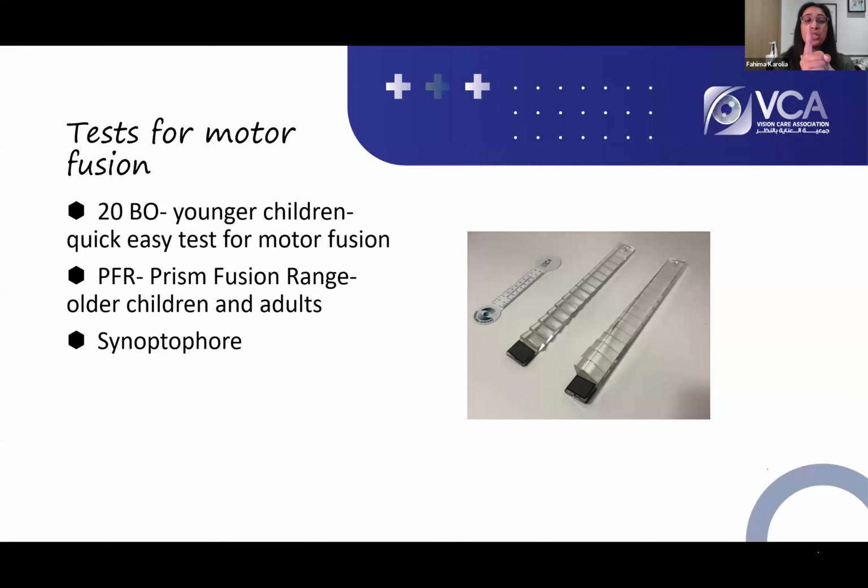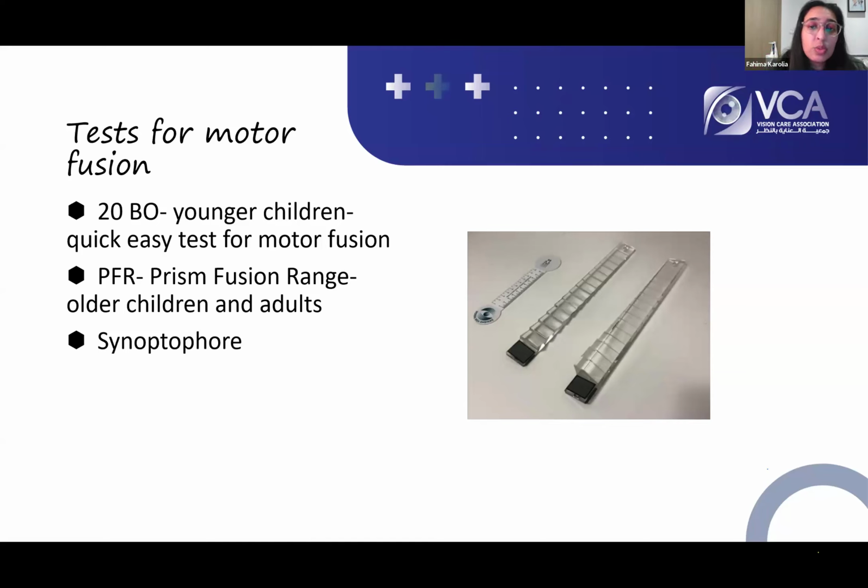With motor fusion, what we're going to do is move some prisms in front of the eyes, and we're going to move the image and see if the other eye can keep up. So for younger children, a very easy test is we just get a single loose prism, a 20 diopter base out prism, and we put it in front of one eye, and we see if the other eye shifts and then comes back into play, okay? And this eye under the prism goes inwards, okay?